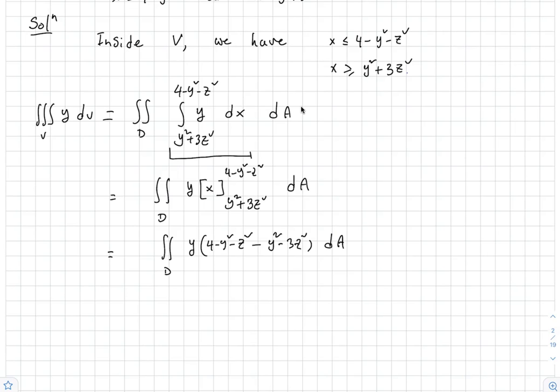At this stage we simplify further. So we can see that this is 4y minus 2y cubed minus 4y z square, dy dz.